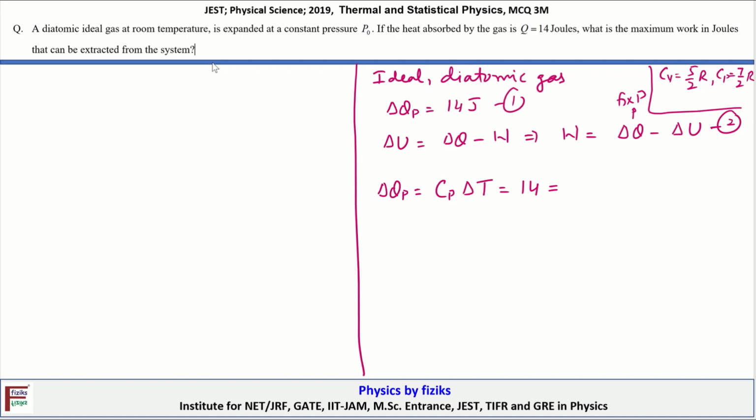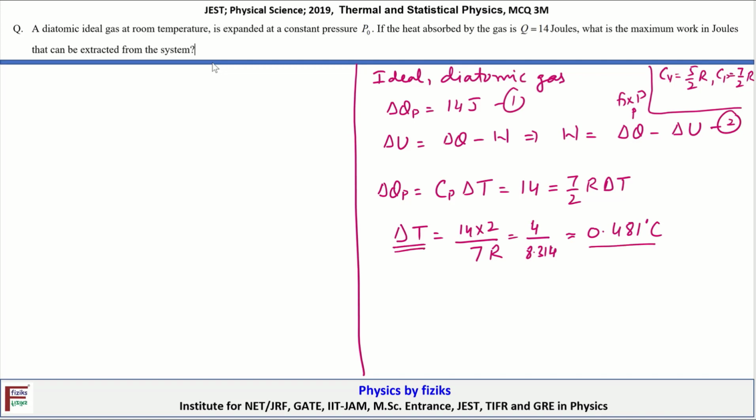So Cp delta T is 7/2 R delta T, and from here we can calculate the value of delta T, which will help us evaluate delta U. So delta T is equal to 14 into 2 divided by 7R, which is 28/7, that is 4 upon 8.314, approximately 0.481 degrees Celsius, because it's a difference delta T. It doesn't matter whether we take the difference in Kelvin or Celsius, it's going to be the same number.